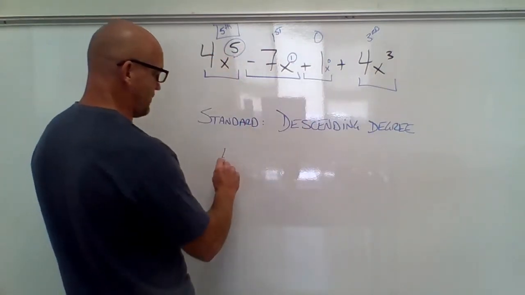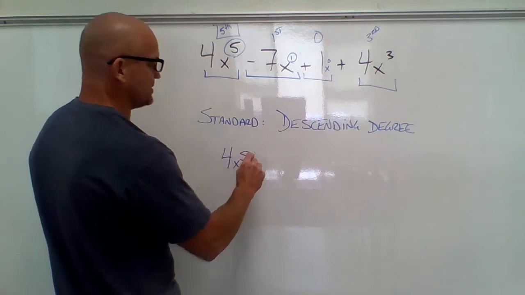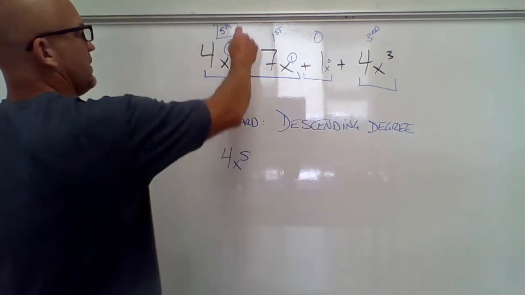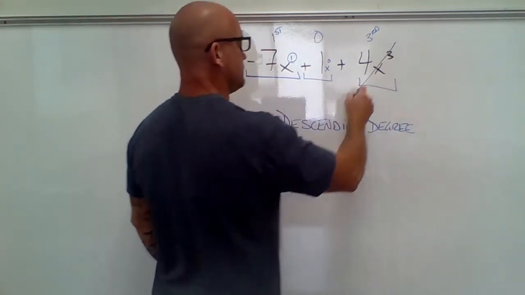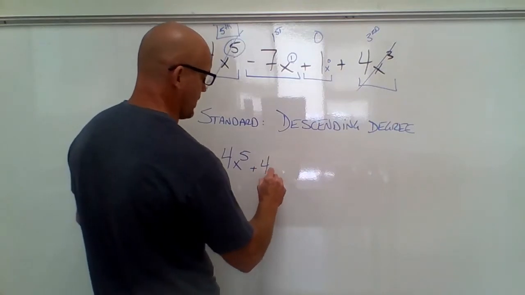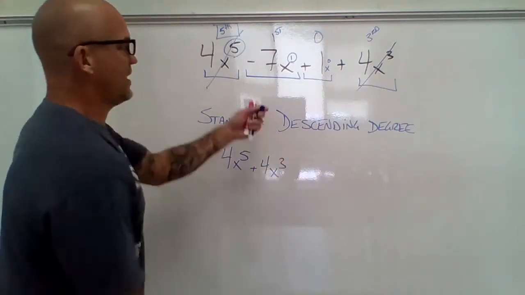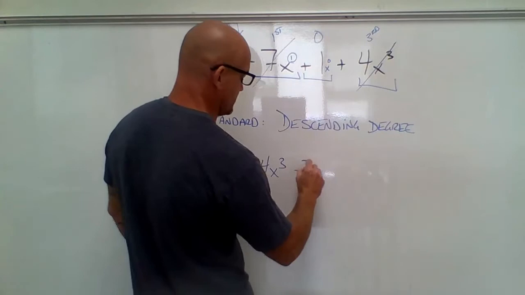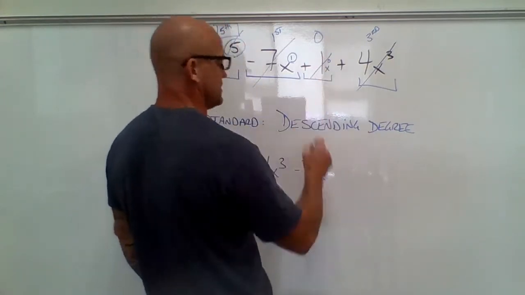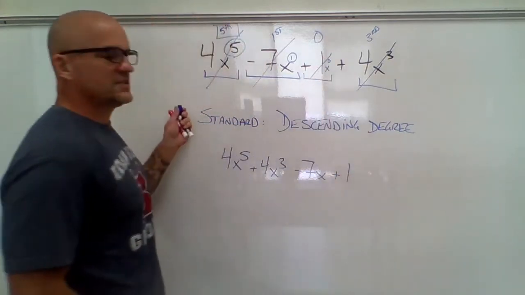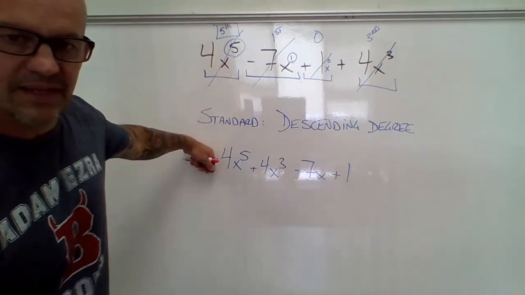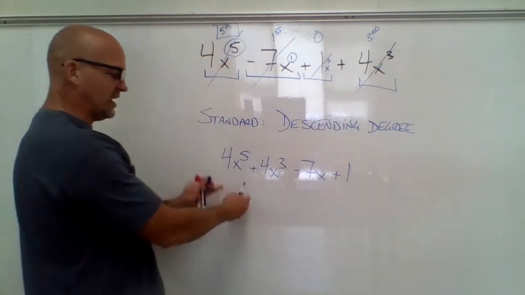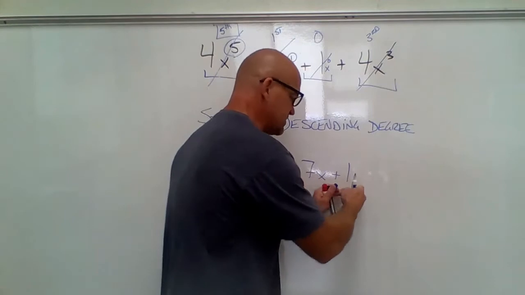That's why it's a 5th degree polynomial. That means it will go first. Then the next highest is 3rd, so it will be plus 4x cubed. Then the next is the first, which is the minus 7x. And the last, of course, is the plus 1. So all I did was take that polynomial and put it in this order, which is called standard form because it's descending degree, 5, 3, 1, 0.